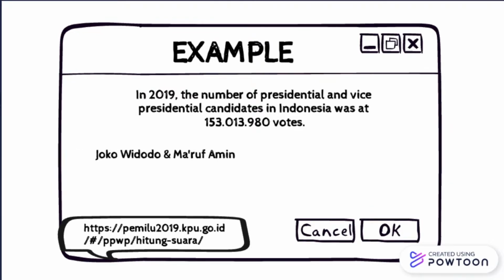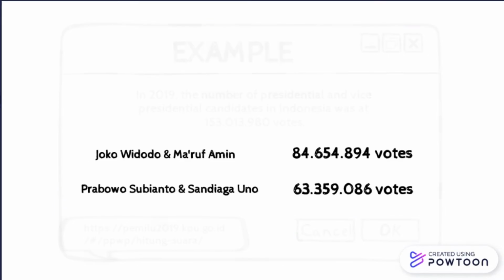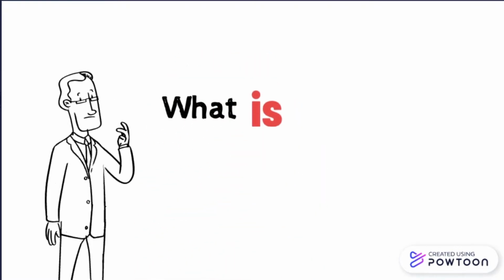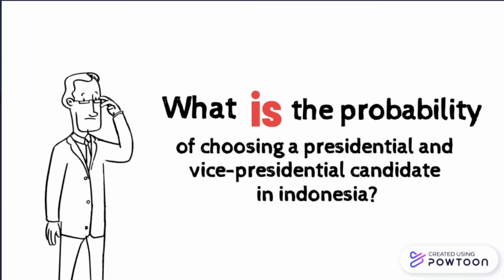The first candidates, Joko Widodo and Maruf Amin, got 84,954,894 votes, and the second candidates, Prabowo Subianto and Sandiaga Uno, got 68,359,086 votes. The question is, what is the probability of choosing a presidential and vice presidential candidate in Indonesia?